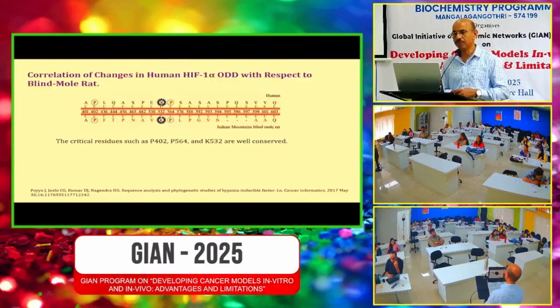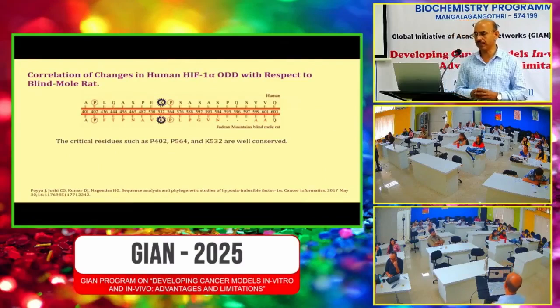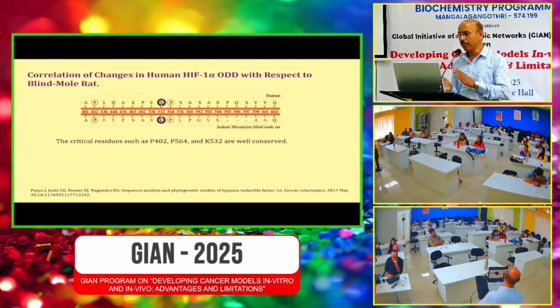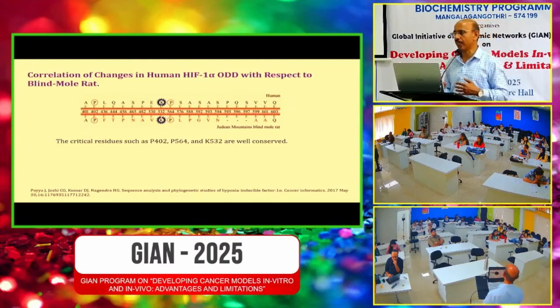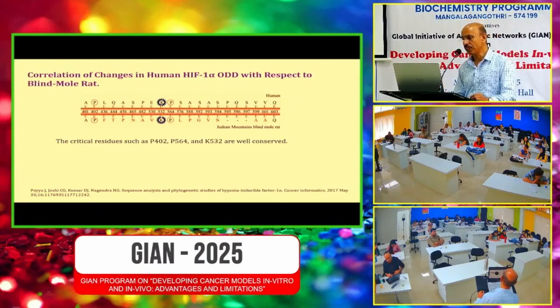And then we wanted to find out, because the blind mole rat is highly cancer resistant, it cannot get cancer even in hypoxic condition, and we humans are naturally prone to cancer. Do the HIF1 alpha domains of these two organisms have any relations or not?